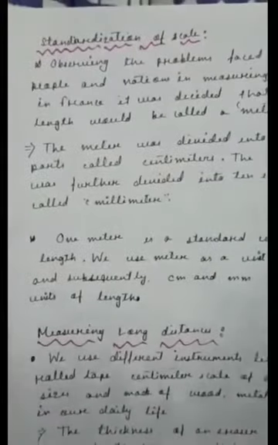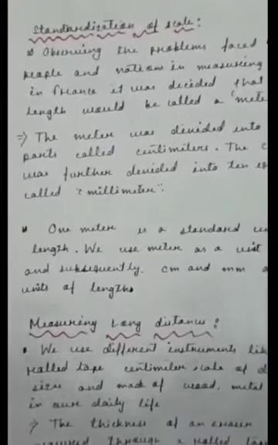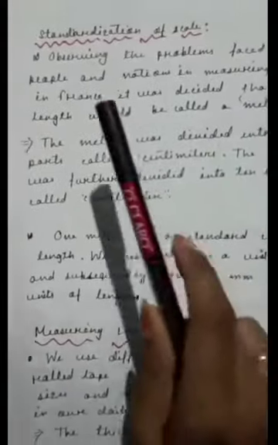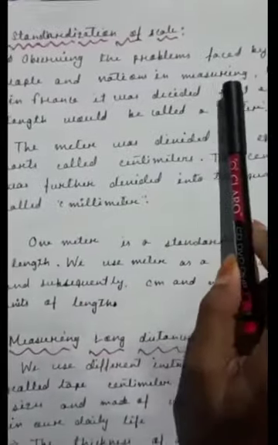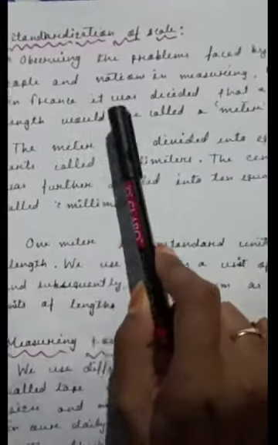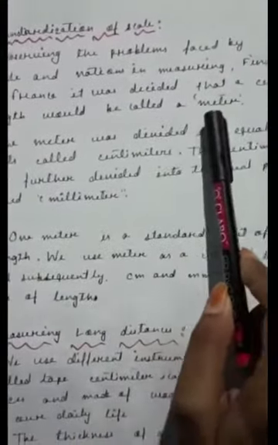As they were facing problems in trade and commerce, they had to make a universal scale that every people use. Observing the problems faced by people and nations in measuring, finally in France, it was decided that a certain length would be called a meter.